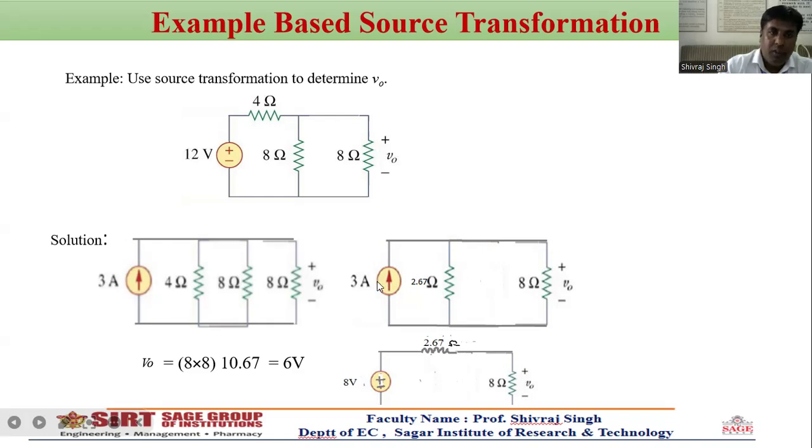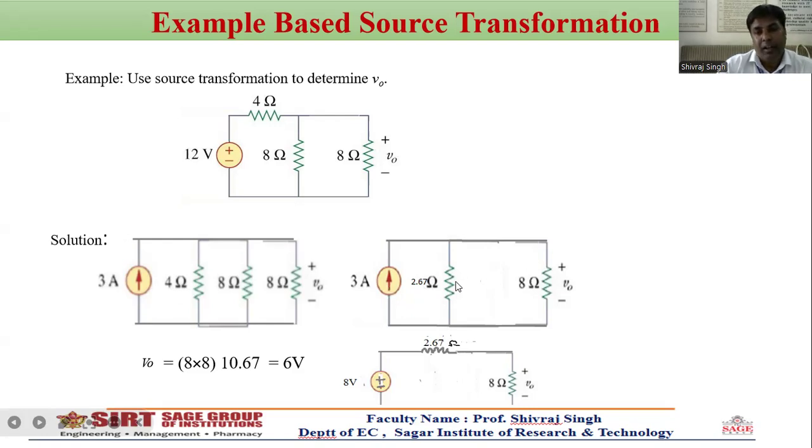Here the 4 ohm and 8 ohm are connected in parallel, so the parallel resistance is replaced by 4 into 8 divided by 4 plus 8, that means equivalent resistance equal to 2.67 ohm. Again, simplify the circuit.